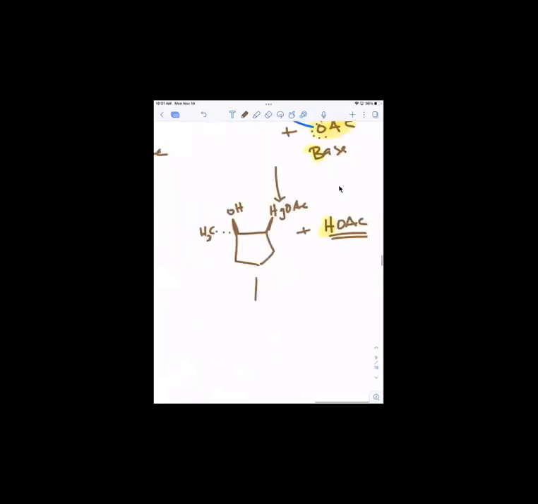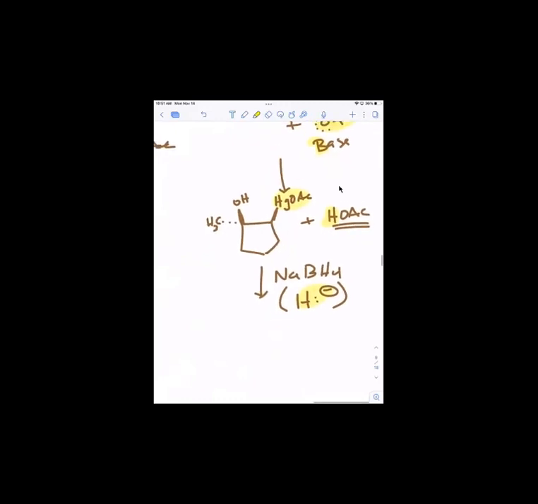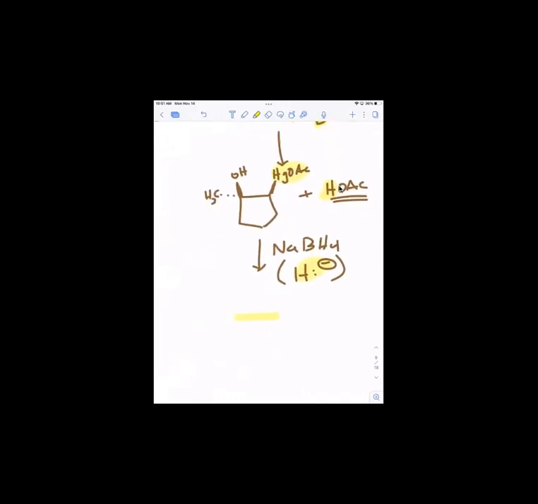Right, and that last step, that NaBH4, that's the second step. I'm just going to replace mercury with hydrogen. So that final product is going to look like this. This is step 2.